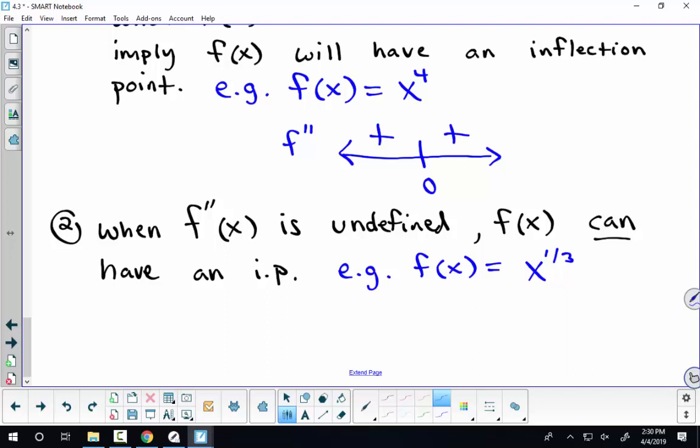The first derivative can have a local minimum or maximum when it's undefined. And just because you have a critical point of the first derivative doesn't necessarily mean there's a local minimum or maximum. Same idea extends to the second derivative. All right, do y'all have any questions?